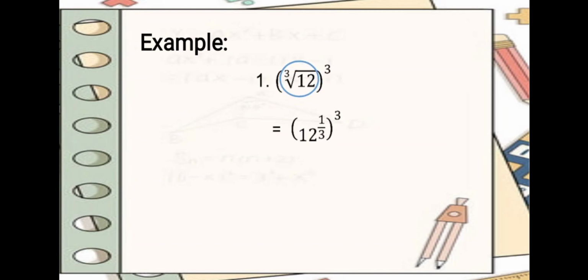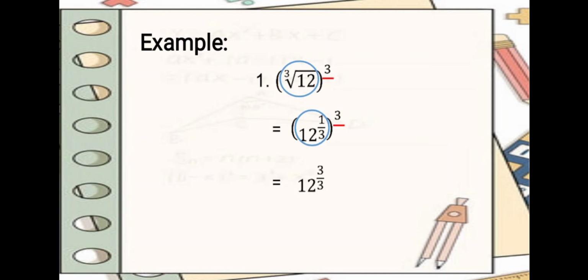So, yung radicand natin na 12, siya yung naging base. And then, yung index natin na 3, siya yung naging denominator. At yung exponent ni 12 na kung saan wala kayong makikita, ibig sabihin, automatic 1 yon. Kaya ang naging numerator natin ay 1. And then, kinopya natin yung exponent na nasa labas. So, sa labas din natin siya ilalagay.